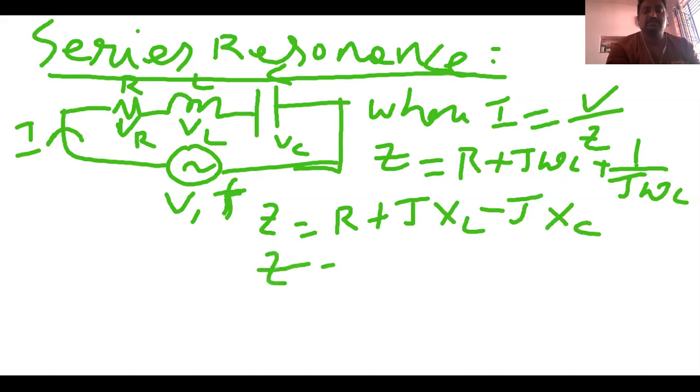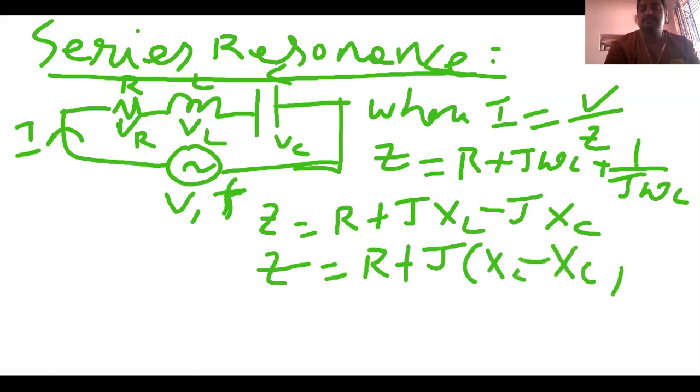Therefore, Z is equal to R plus j into (XL minus XC).